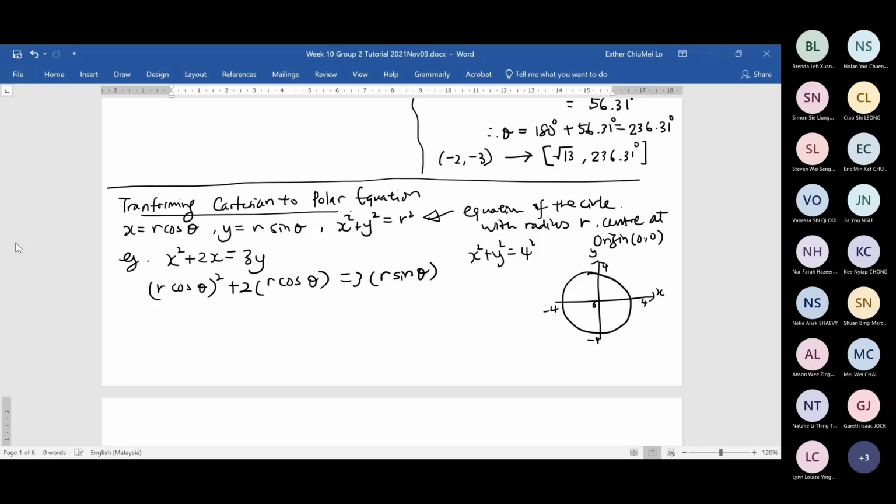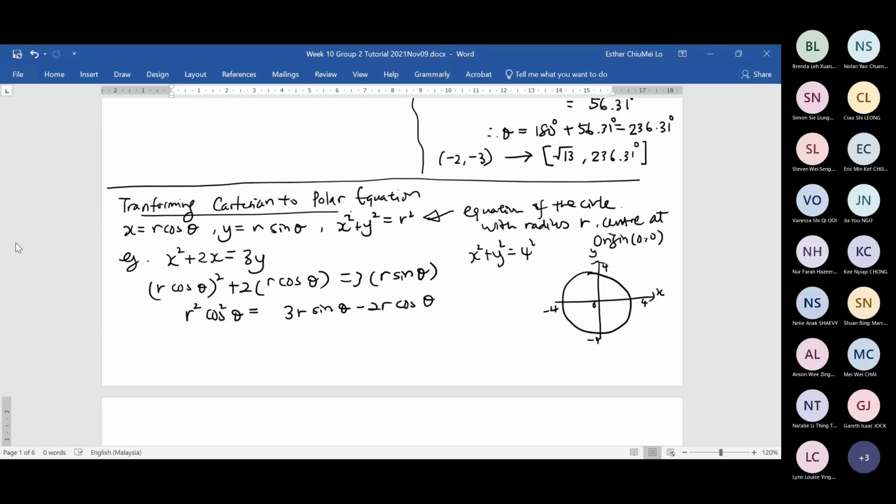Then you expand this, so you get r squared cos squared theta. You can move the other part to the other side, so you get 3r sin theta minus 2r cos theta.